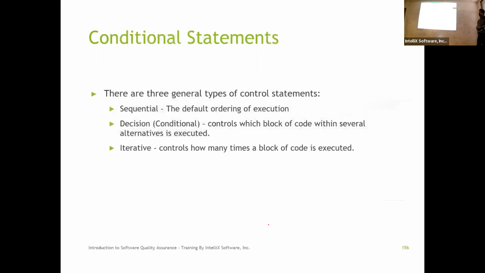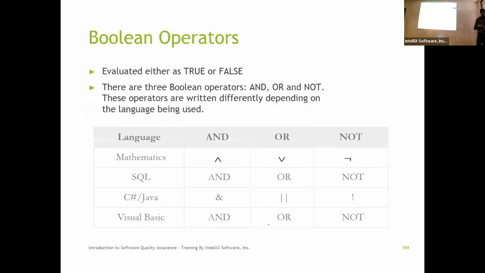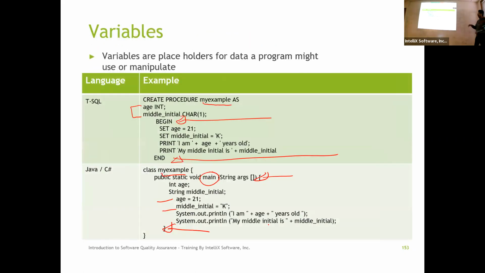The other aspect, once you go into the block, which is the execution block, is what are known as control statements. Going back to here, all of these things are nothing but control statements. They tell you what to do in the execution sequence.